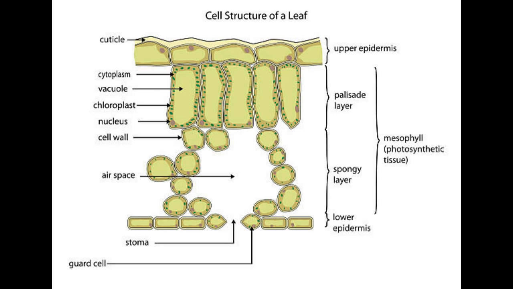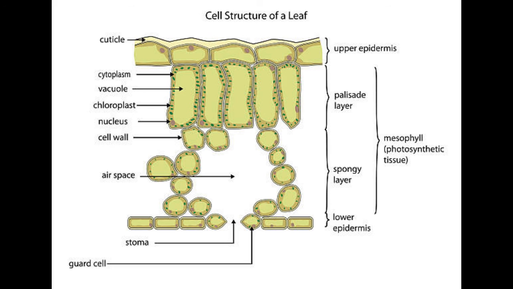The cuticle forms the outermost covering of the leaf and it is waxy in nature. Followed by the upper epidermis is the middle layer called the mesophyll cells. The mesophyll cells are composed of the palisade layer and the spongy layer, that is, the palisade cells and the spongy parenchymatous cells.